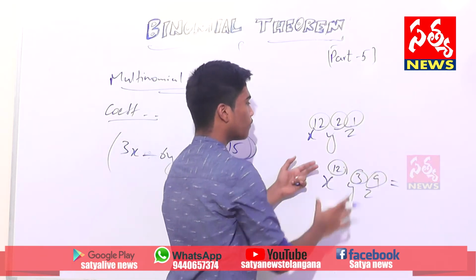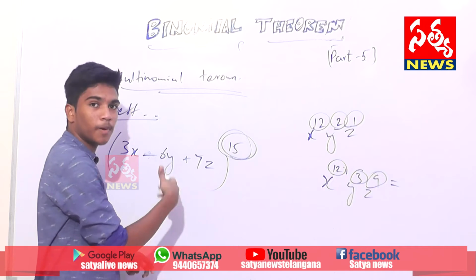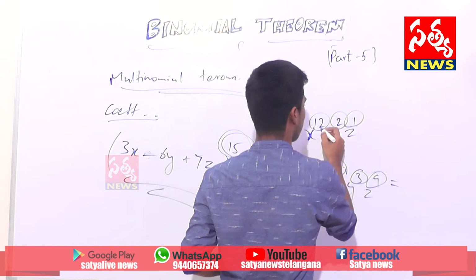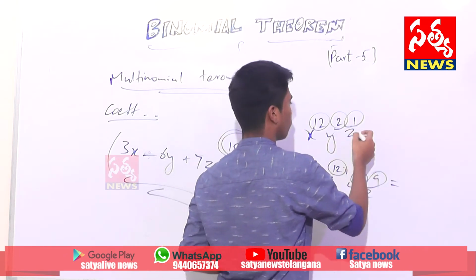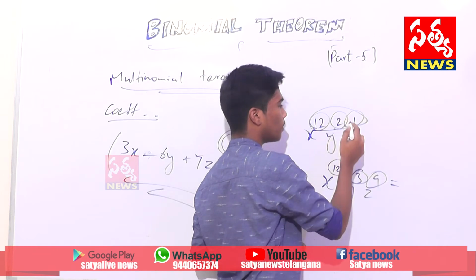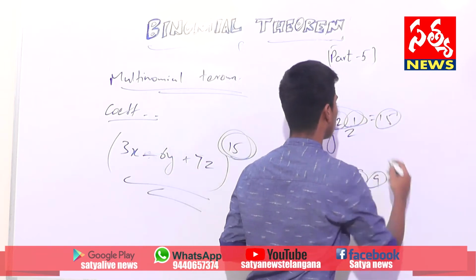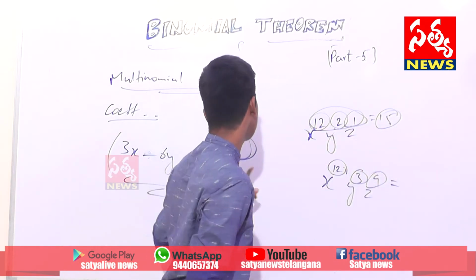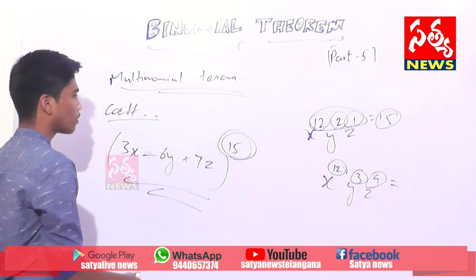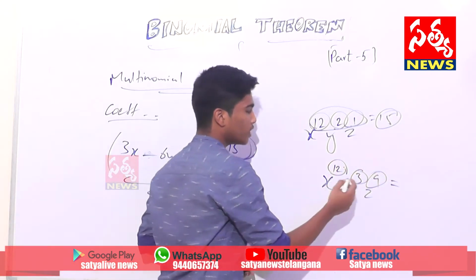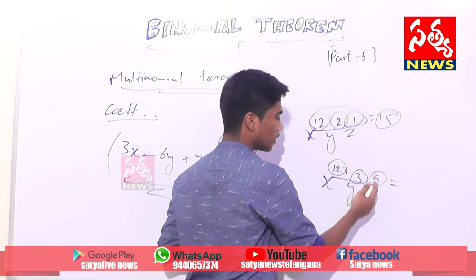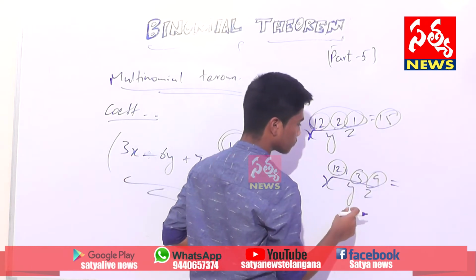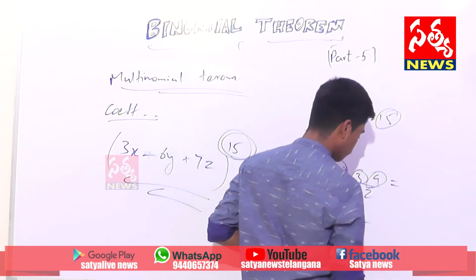They will ask for the coefficients of an expanded term, say x power 12, y square, z power 1. Now add all the powers: 12 plus 2 plus 1 is equal to 15. First of all, before solving a problem, check whether the power sum is equal to n or not. 12 plus 3 plus 9 is 24, which is not equal to 15.